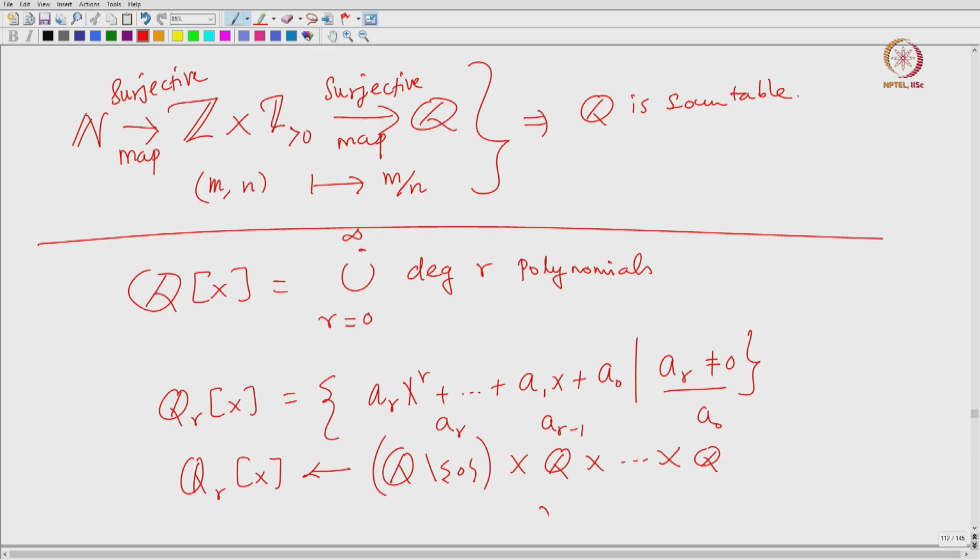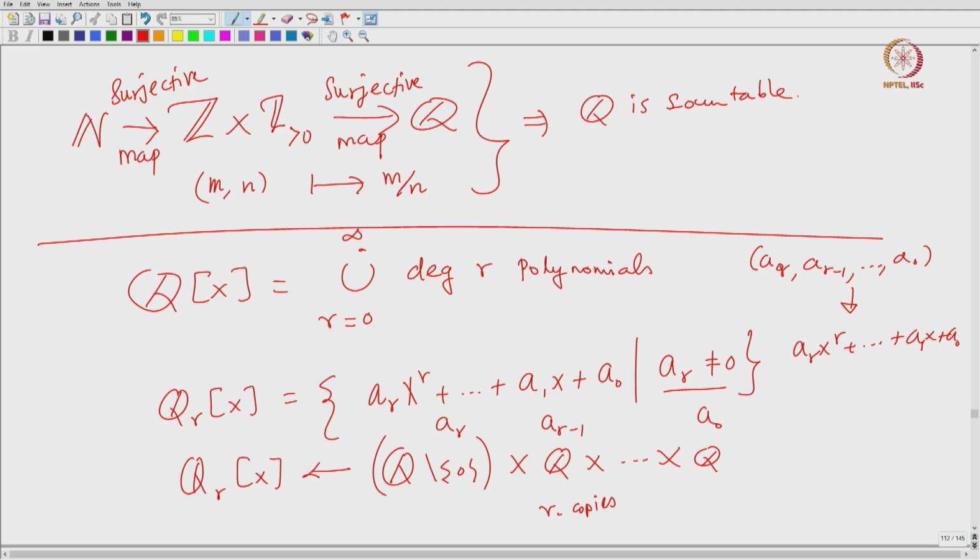So, this is exactly the r copies. From this to Q_r[x] we have a map. What is the map? The map is given by, take this tuple a_{r-1}, etcetera, a_0, and then send it to this polynomial a_r x^r plus etcetera plus a_1 x plus a_0.